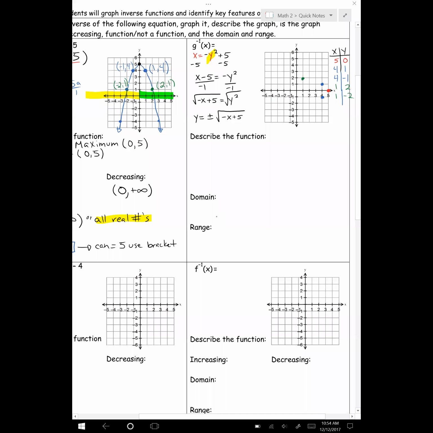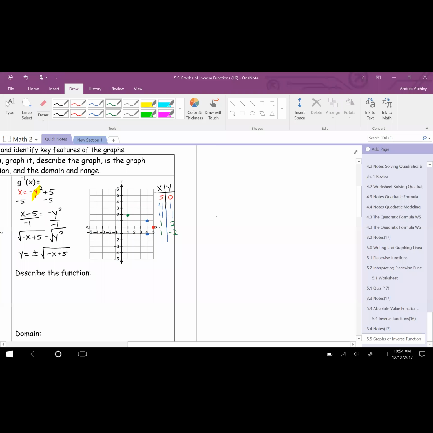So that's going to be down here. So this is going to be my inverse graph. Any questions over that?